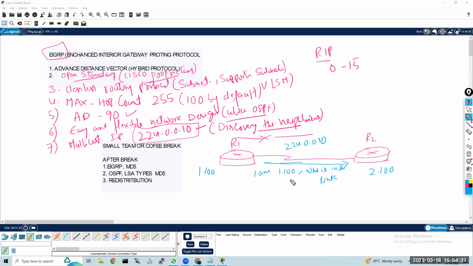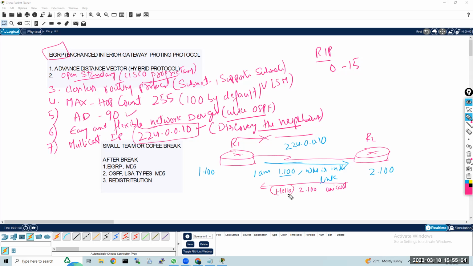Now the other router will reply with a unicast message: I am 2.100, hello.